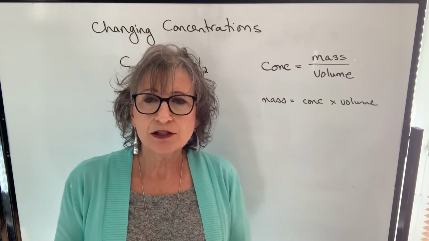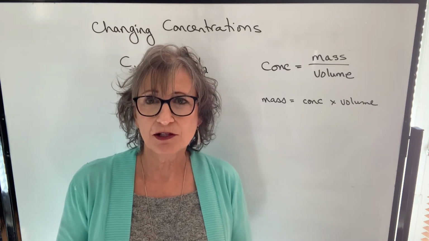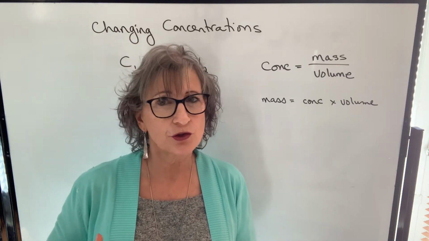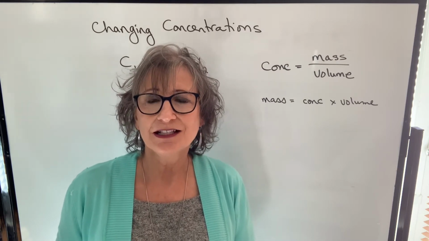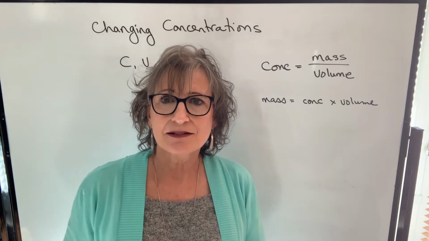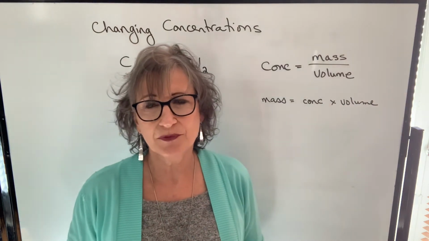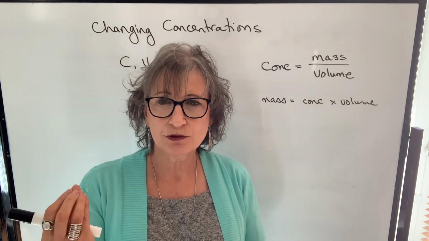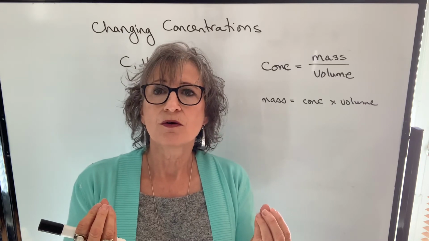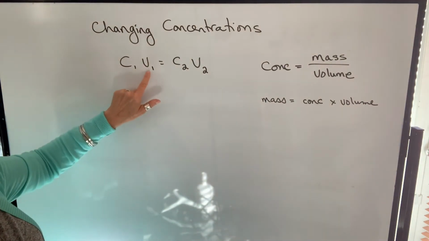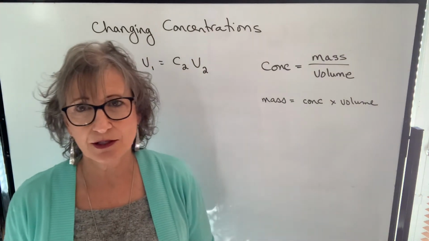When you dilute it, the mass of the solute stays the same. You still have the same amount of solute because you're not adding any more solute, you're just adding solvent or diluent. So because the mass doesn't change, and because mass represents concentration times volume, the mass in your first solution will be equal to the mass in the second solution, or the concentration times volume in your first solution will be equal to concentration times volume in your second solution.